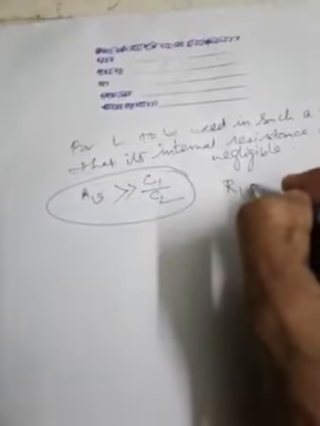To avoid overloading of the phase shift network, the value of R1 should be made so large that it is quite greater than XC1, the reactance of the capacitor C1. So we need another condition to design the Colpitts oscillator: R1 should be far greater than XC1.